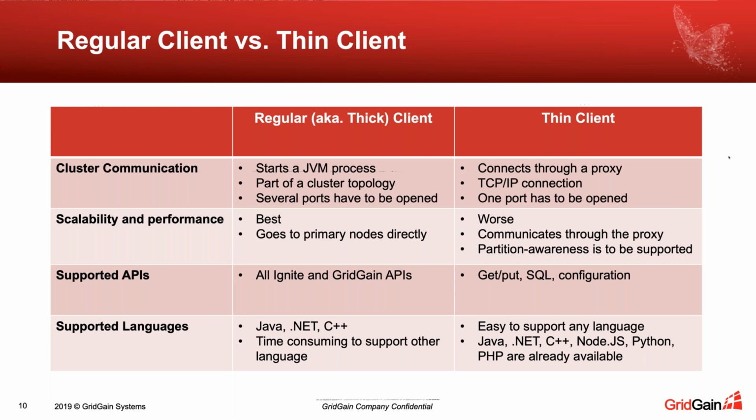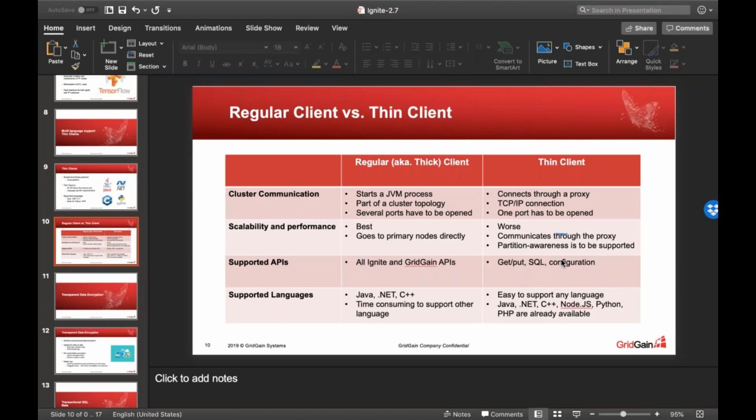You can use our thin clients, or you can use our socket level protocol. So let me quickly show you a simple example. Let's take a pause and see how the thin clients work in reality.